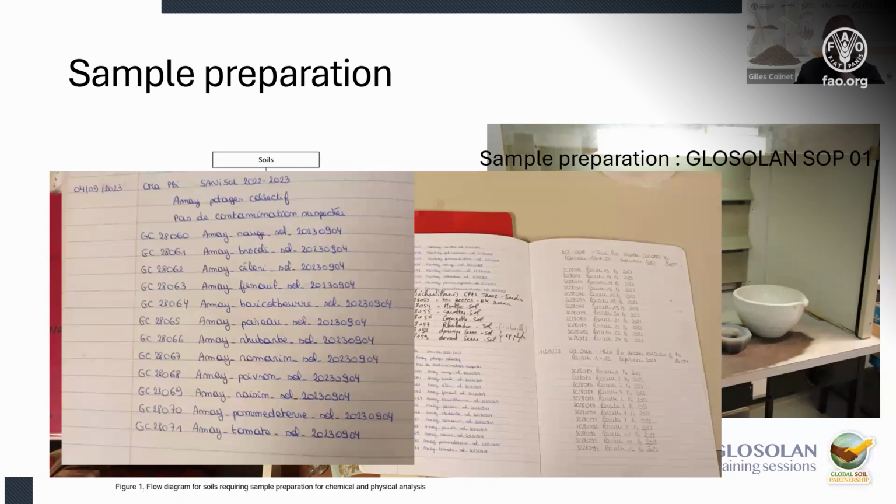We try to make it digital, but for the quality procedure, we need to keep handwritten books of all the samples.